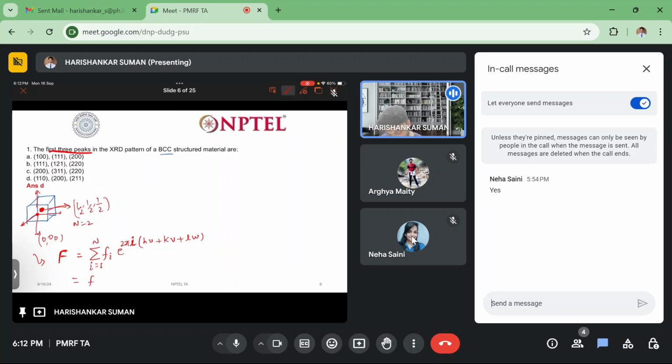Let's say F common, for the first atom all terms are 0, and for the other, 2 pi and half, with h, k, l.